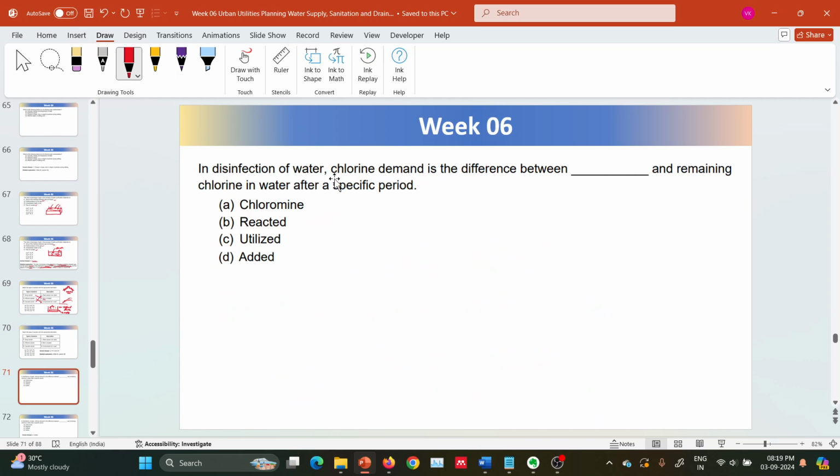In disinfection of water, chlorine demand is the difference between the chlorine added and the remaining chlorine in the water after a specific period. So we want to know how much chlorine is added.